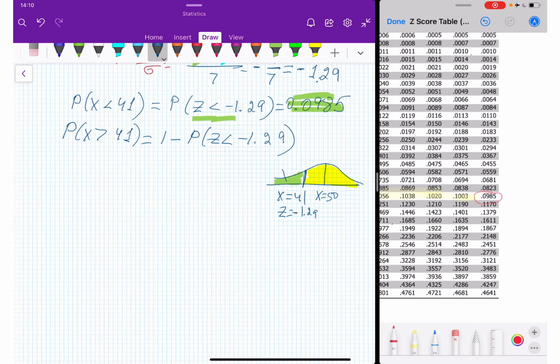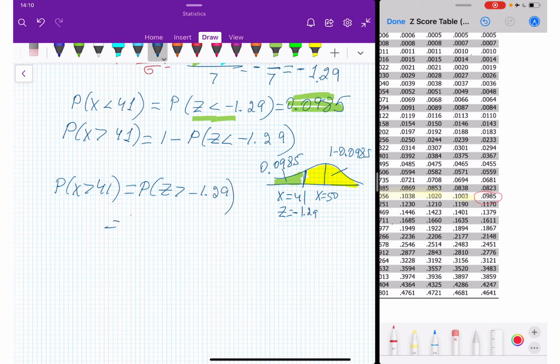So this is 0.0985. This one is going to be 1 minus 0.0985. And probability for x greater than 41 is going to be equal probability for z-score greater than negative 1.29, right?